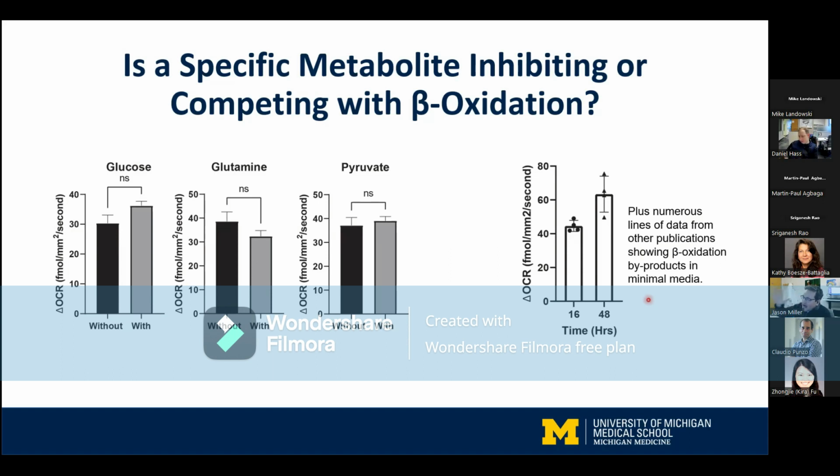So all of that, again, suggests to us that something needs to be depleted in order to see a lot of beta oxidation. And our first initial guesses, glucose, glutamine, and pyruvate, were not correct.